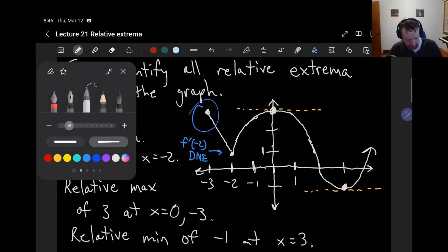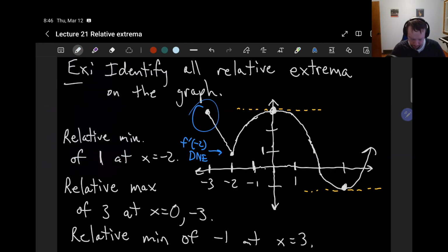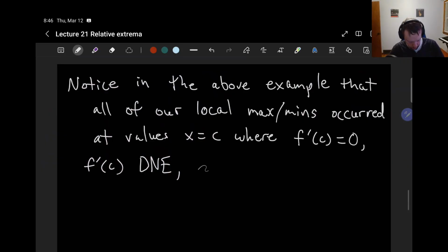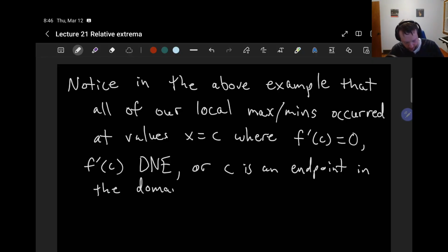And that list should sound familiar from last time. Let's say, or C is an endpoint in the domain. That sounds a lot like critical numbers to me. That's exactly what these are.